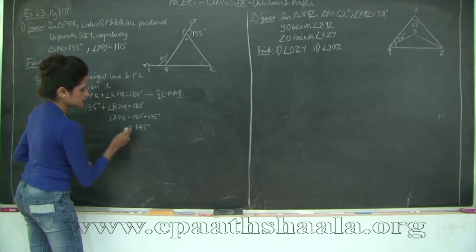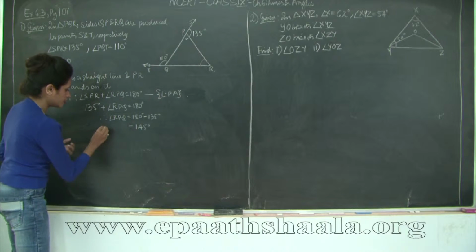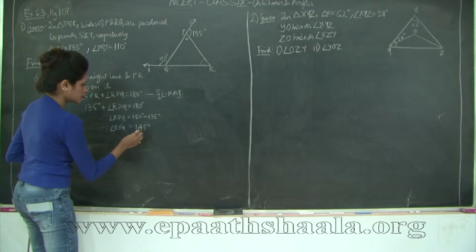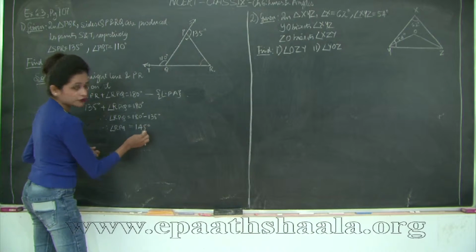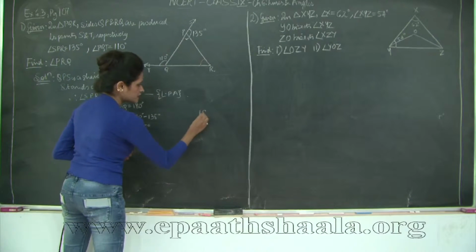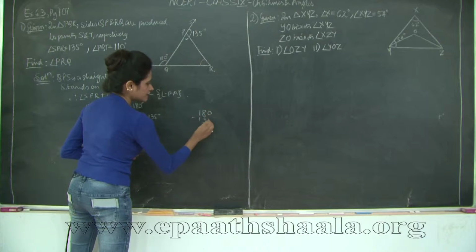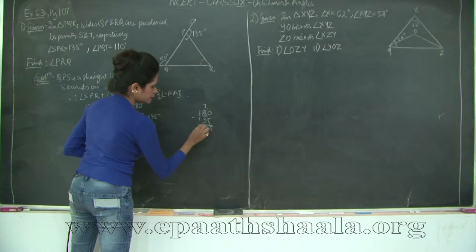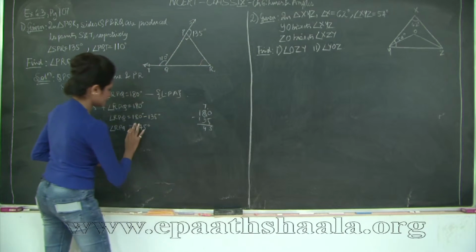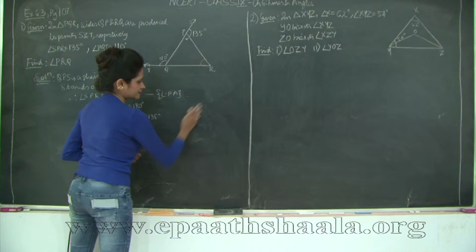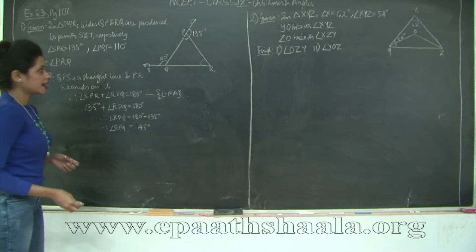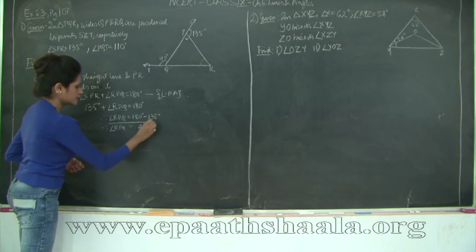Let's just confirm this. 180 minus 135 is 45 degrees. I just put an extra 1 over here. So angle RPQ is 45 degrees.